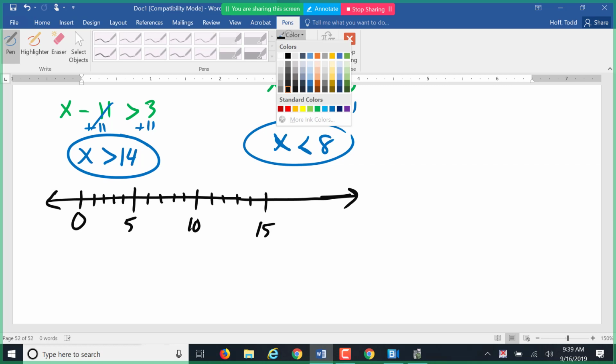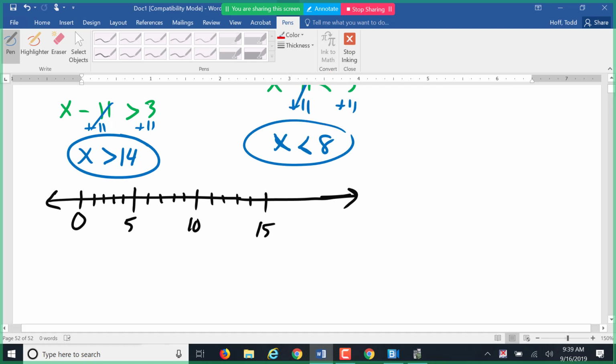So here's my number line. x is greater than 14, strictly greater than, so it's either an open circle or that open bracket, pointing to the right. Less than 8, again either the open circle or the open bracket pointing to the less than side, the left.